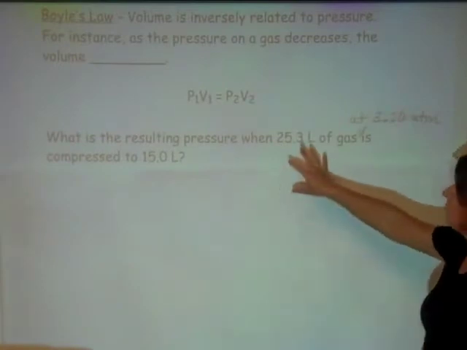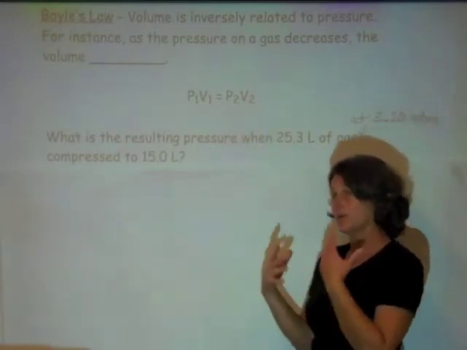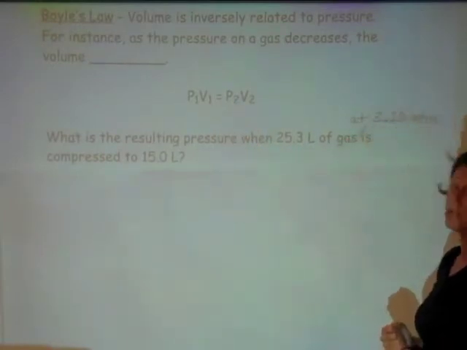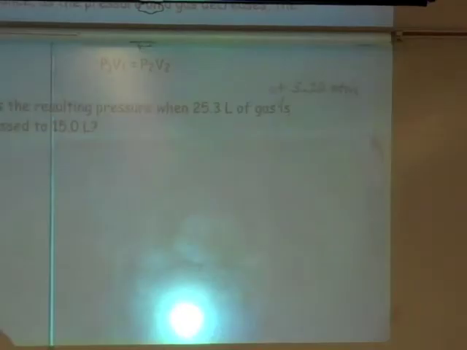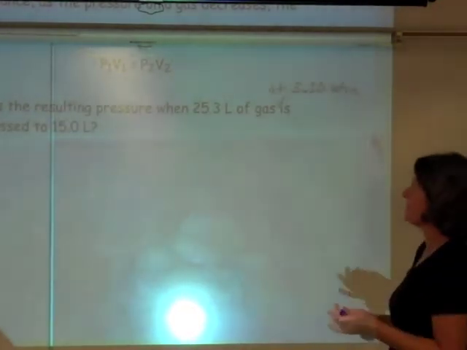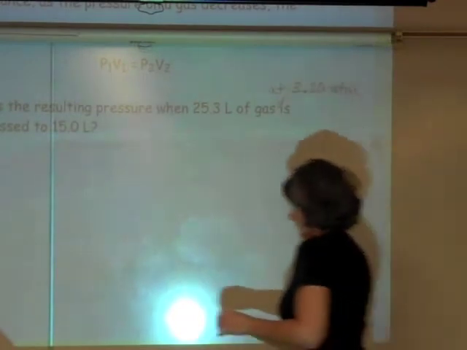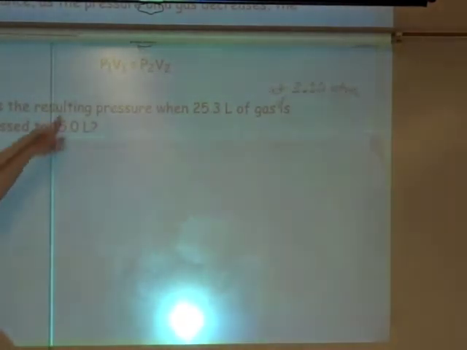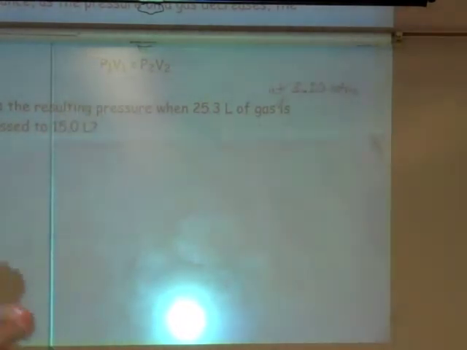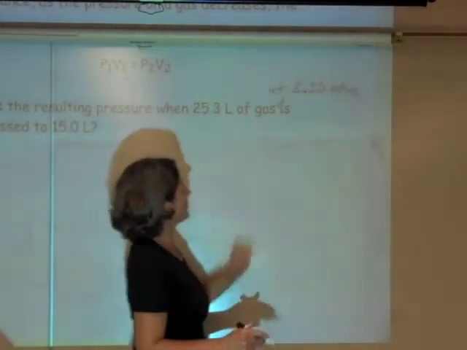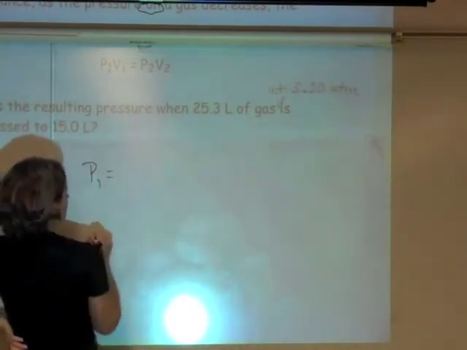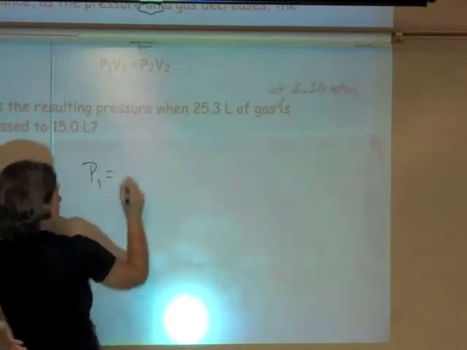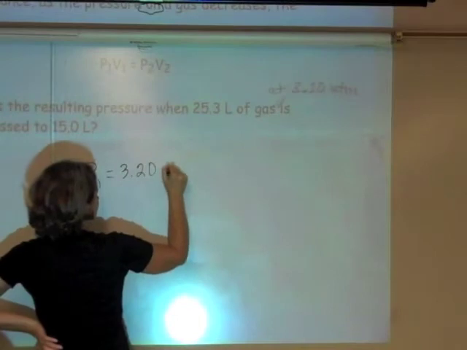So let's plug into this and solve for it. P1 times V1 equals P2 times V2. What is my initial pressure? It starts at 3.20 atmospheres, so P1 is equal to 3.20 atm.